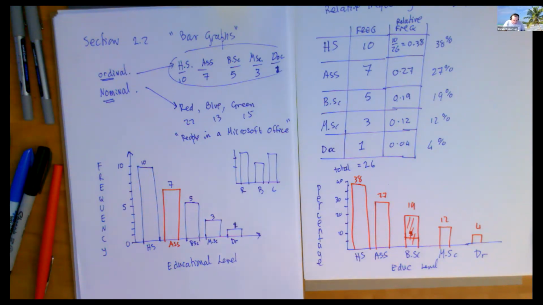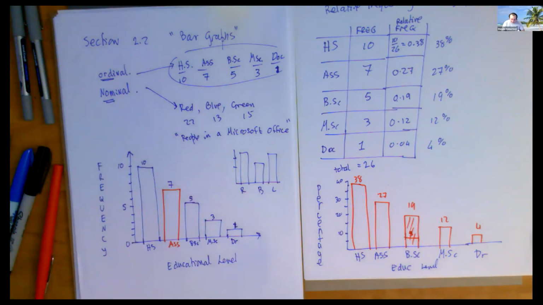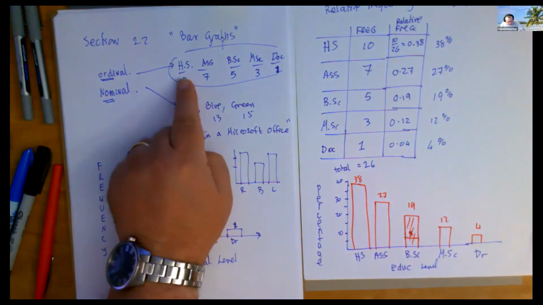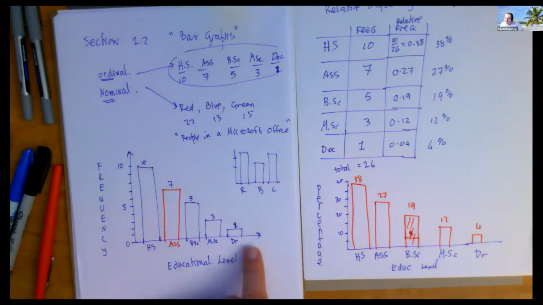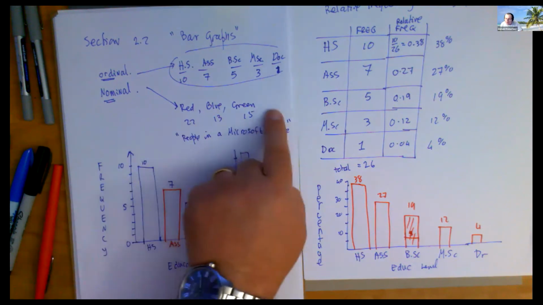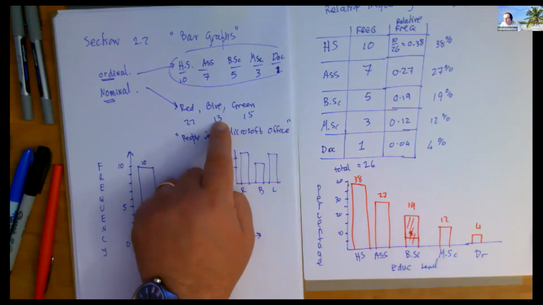Now, if you do your data and it's ordinal, or you do your data and it's nominal, the only real difference between what the bar chart looks like is that when it's ordinal, shouldn't you do the order from left to right? But when it's nominal like this, couldn't you jumble them up and nobody cares? It's a minor difference.